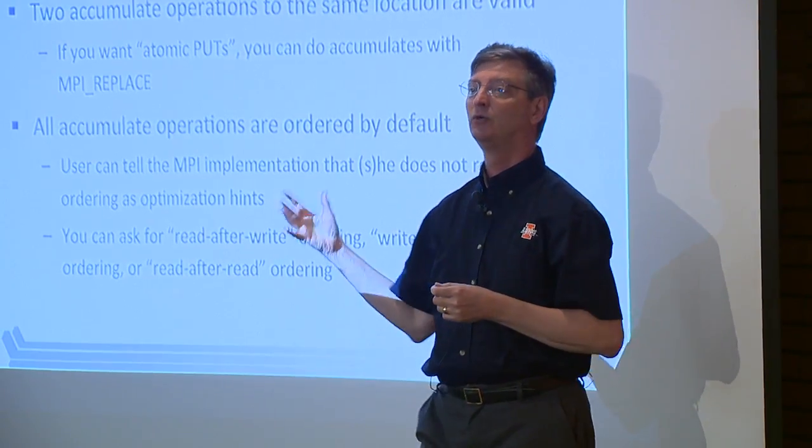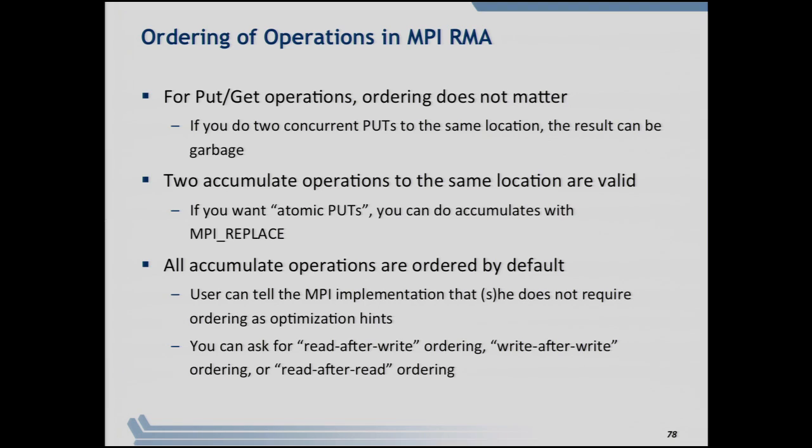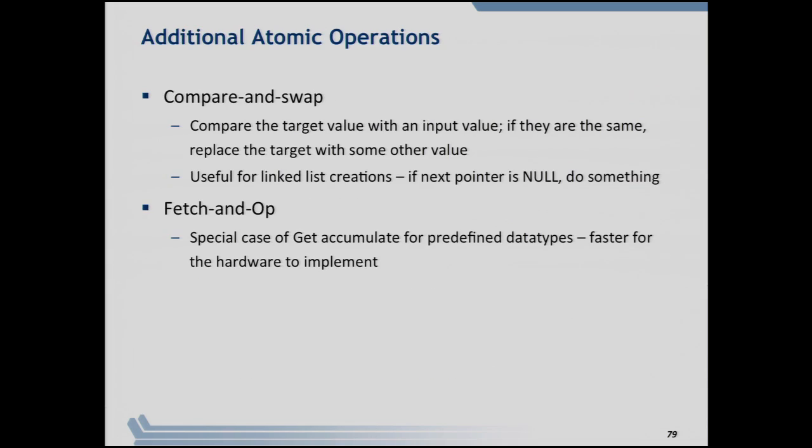They have well-defined semantics for it. The atomicity is defined in a certain way, so you can be guaranteed that the behavior is what you expect, at least if you read the standard. And that's one of the reasons why there's the MPI no op. So as I mentioned, we have these additional compare and swap and fetch and op.